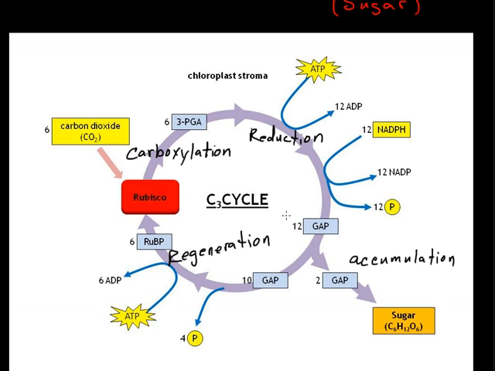And so our inputs are carbon dioxide. ATP is another input. NADPH is an input. Output is sugar. There's another ATP input in this step of the process.